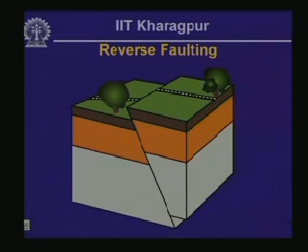Here, instead of a block sliding down with respect to another, the block on the right is climbing up, and it is obvious that this is a compressional regime given by the major principal stress acting in a horizontal direction really, and here also you should notice that the layers of rocks are horizontal. So the direction of sigma 1 in this case is horizontal, and sigma 3, the minor principal stress, is going to be vertical.